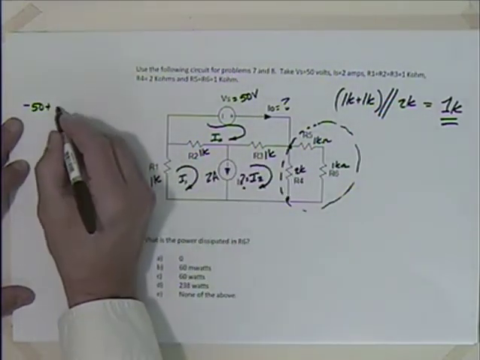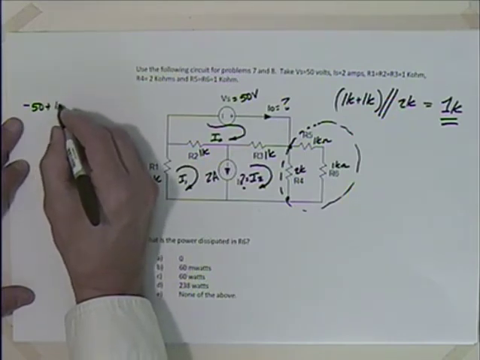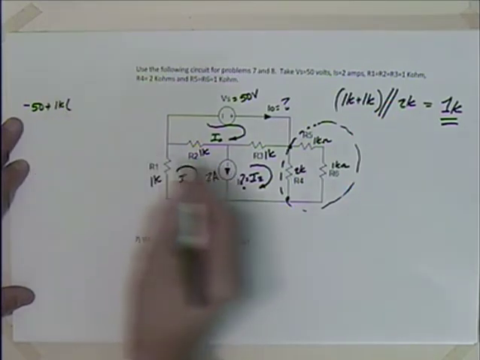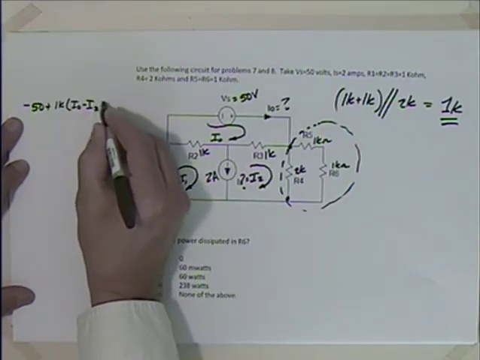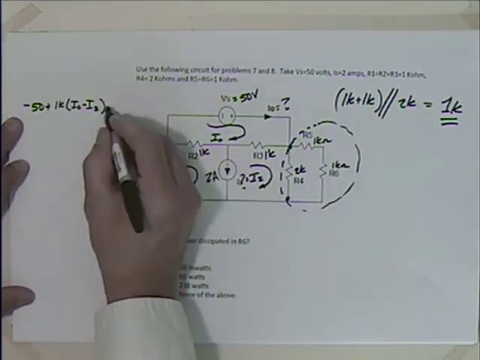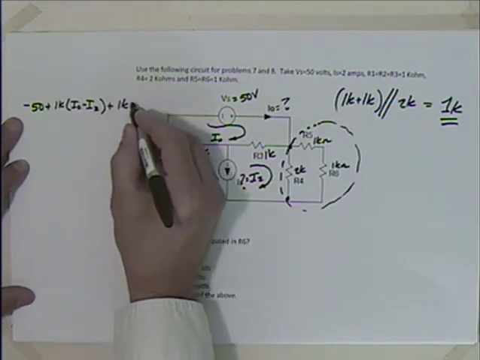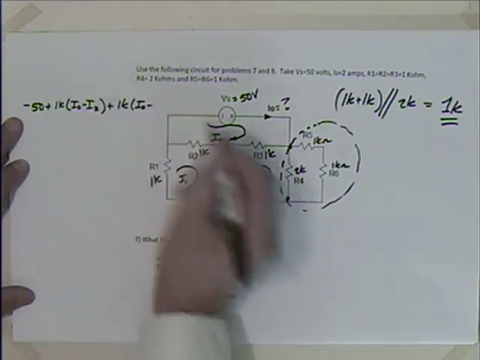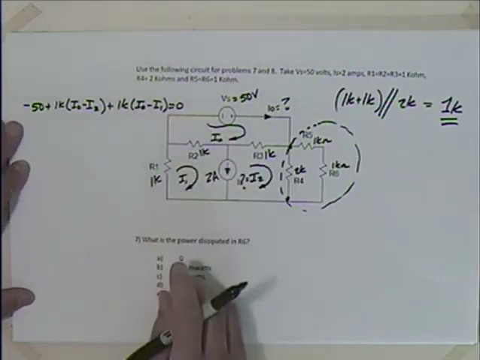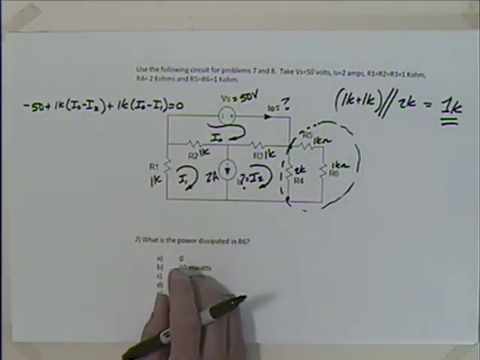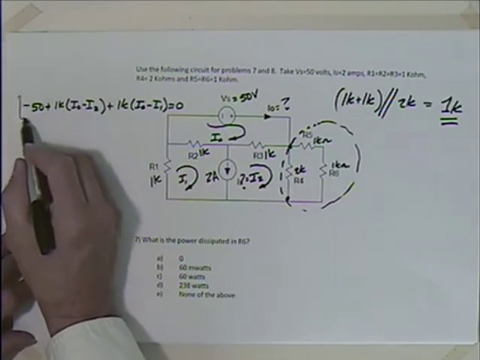I naught, or 1K, times I naught minus I2, plus 1K times I naught minus I1 is equal to 0. So that's one of my equations. Double check it here. So that's an equation.